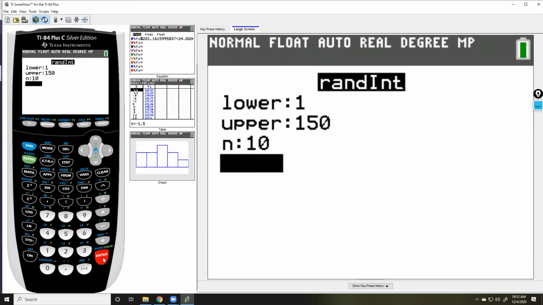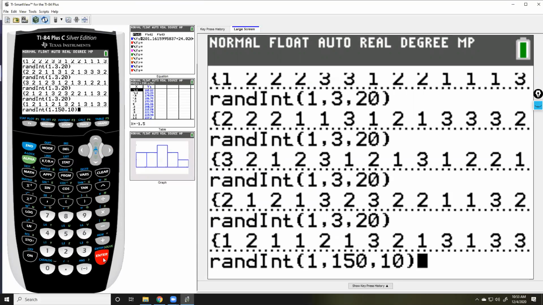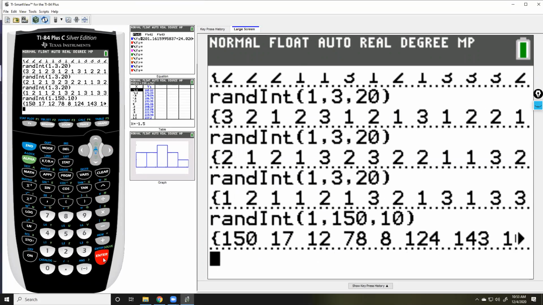So 1, 150, 10. And then we're going to hit enter, and then we're not going to hit any other buttons. If you scroll up to highlight it or you try and type in something else, then it's not going to scroll in the way that you want it to.